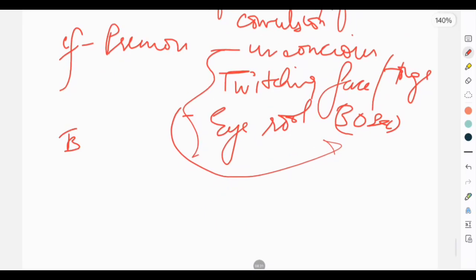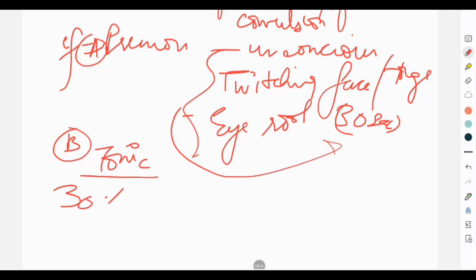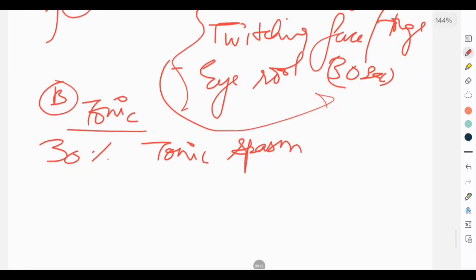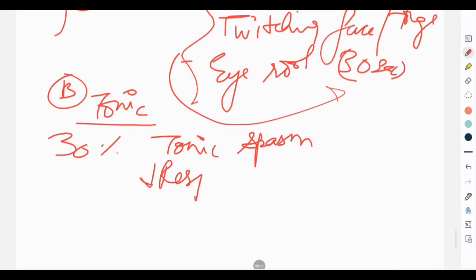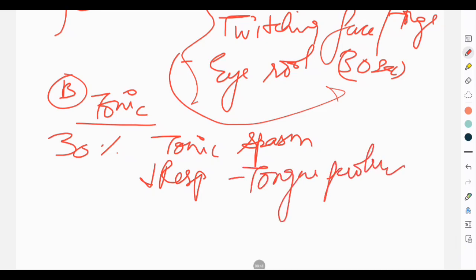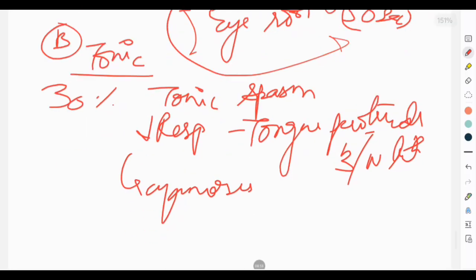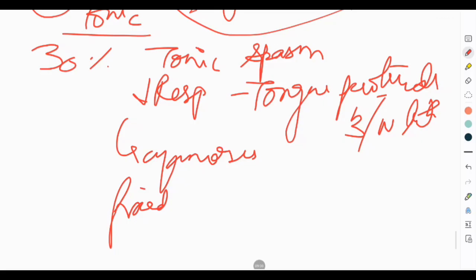Then there is a second stage. This is the premonitory stage, and there is a tonic stage. This also occurs for 30 seconds. Tonic spasm, decreased respiration, tongue protrudes between teeth, cyanosis, fixed eyeballs.